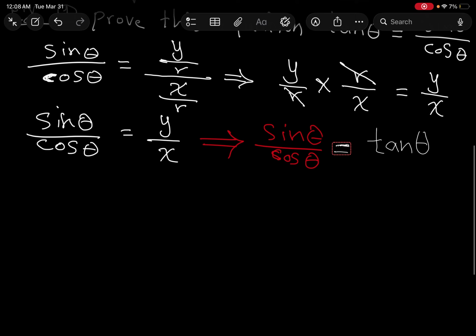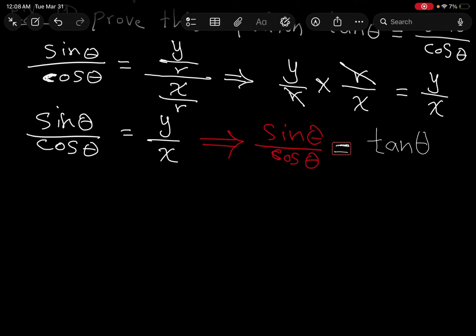So we proved the right side equals the left side. Or if you want to prove the left side equals the right side, same.